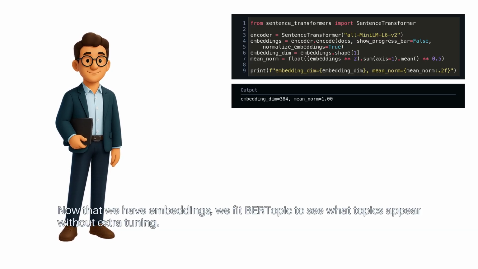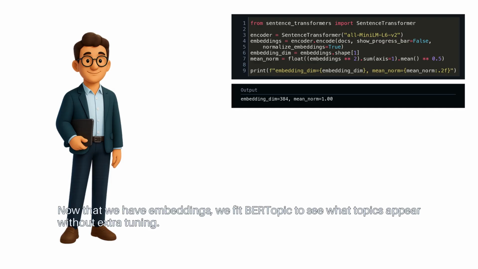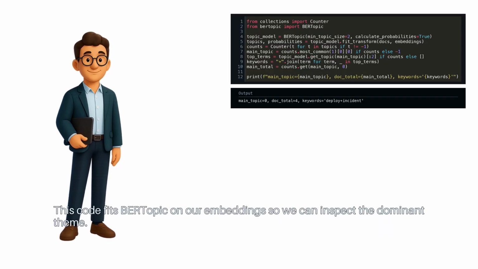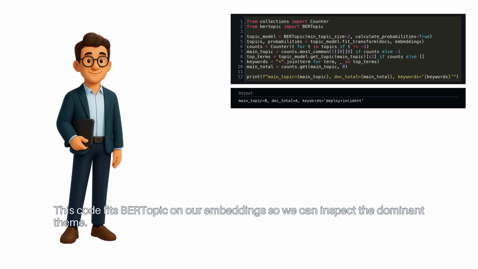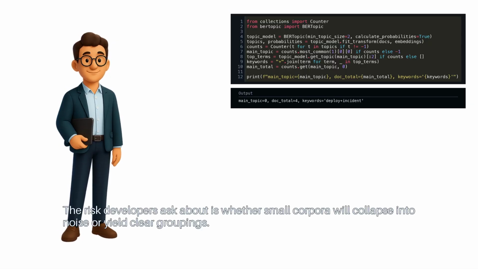Now that we have embeddings, we fit BERTopic to see what topics appear without extra tuning. This code fits BERTopic on our embeddings so we can inspect the dominant theme. The risk developers ask about is whether small corpora will collapse into noise or yield clear groupings.